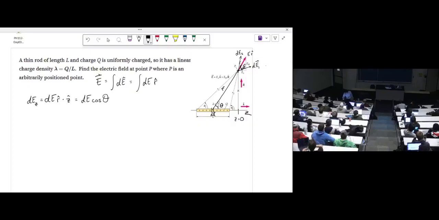If I'm taking the dot product between this direction r and this direction z, then we said last semester that A dotted into B is equal to AB cosine theta.